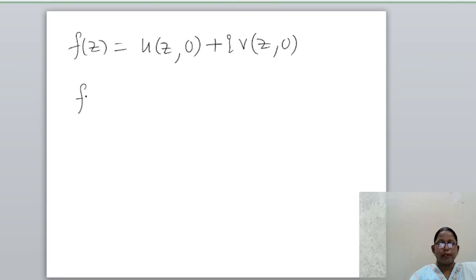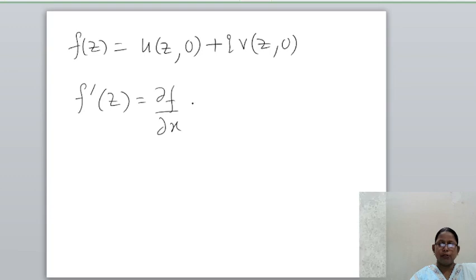Next, find out the derivative of f with respect to z. f is a function of z, z is a function of x and y, so f'(z) will be the partial differentiation of f with respect to x. We have discussed the derivative of an analytic function.